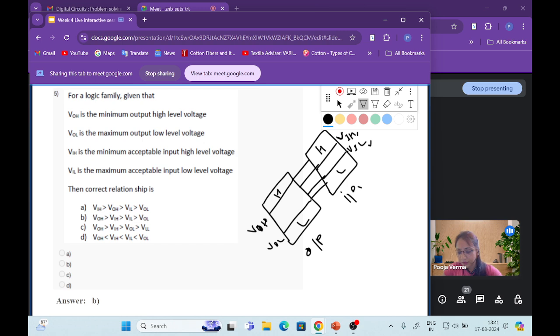So from the figure, we can find out which one is the highest voltage level. That is for high level VOH, then VIH.